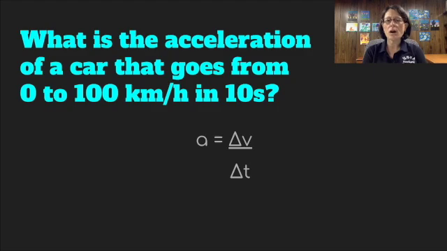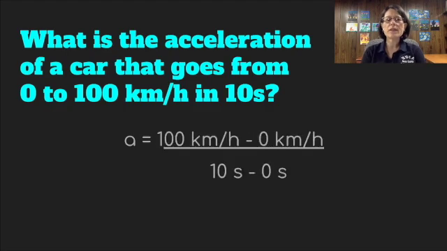So we start always by writing down our equation: a equals delta v over delta t. We substitute in the numbers. And here, I always put my second velocity first and my initial velocity second. So final minus initial, and same with the time.